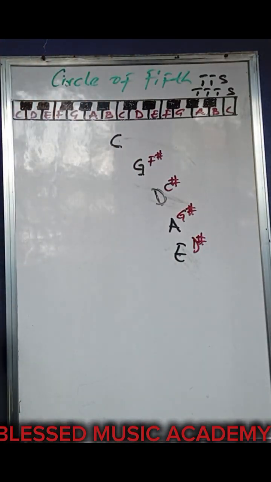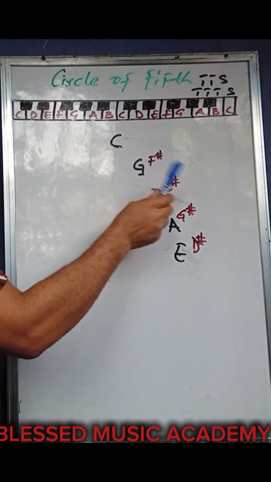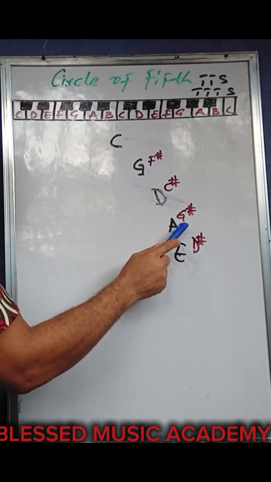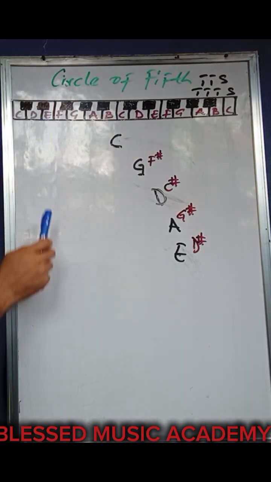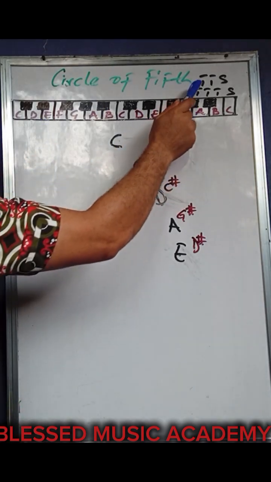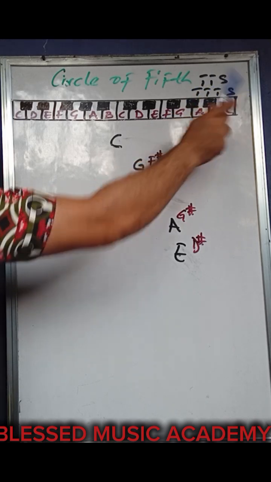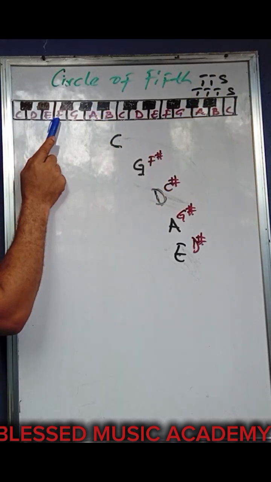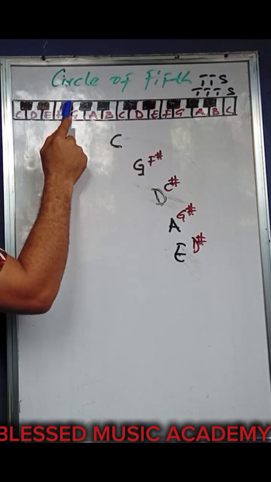Now this means in your E major, you have F sharp, G sharp, C sharp, and D sharp. Now let's try it on our drawing. Remember the pattern: tone, tone, semitone, tone, tone, tone, semitone. Don't forget that pattern. From E to F is a semitone, but we need a tone, so it will be E to F sharp, which is one tone.